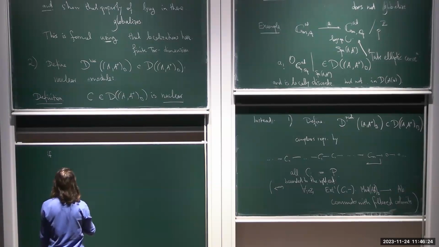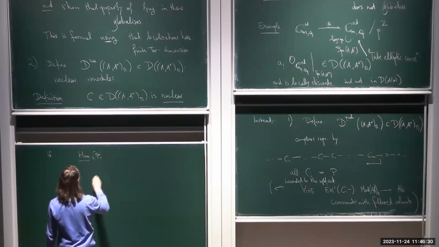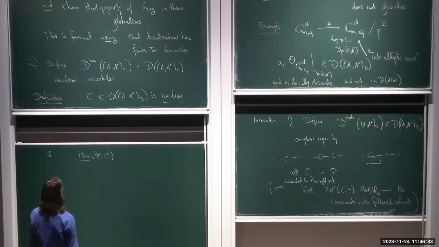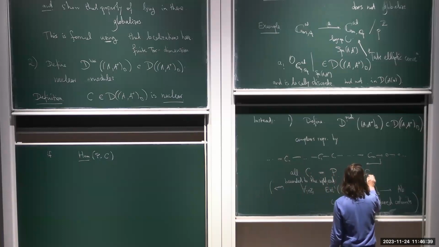An object C is nuclear if the following condition is satisfied: you take the internal Hom from P, where P, as usual, is my usual module, maybe I should have said before.